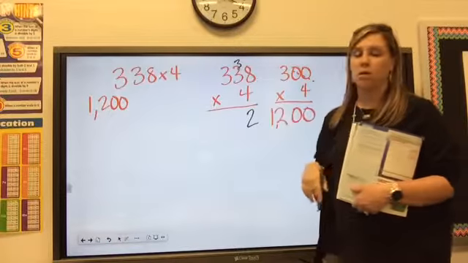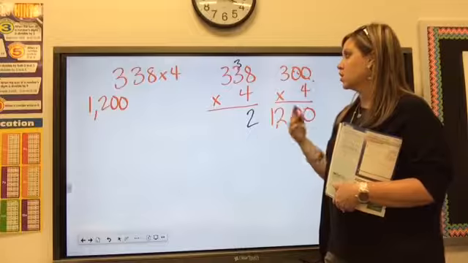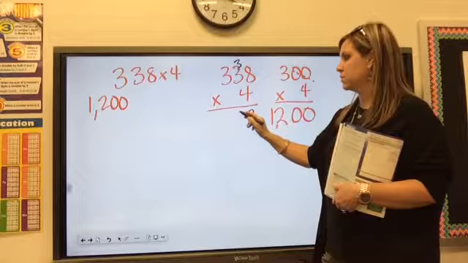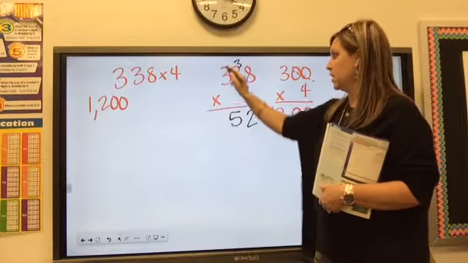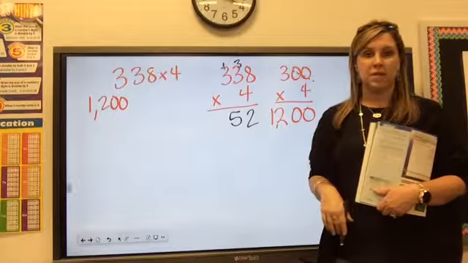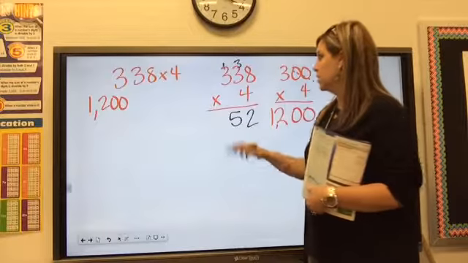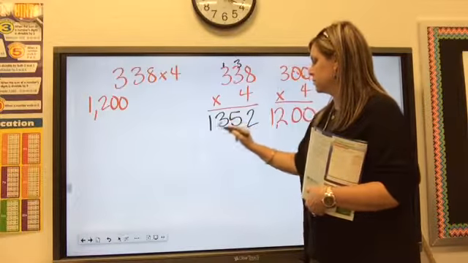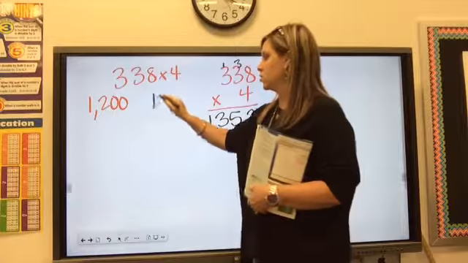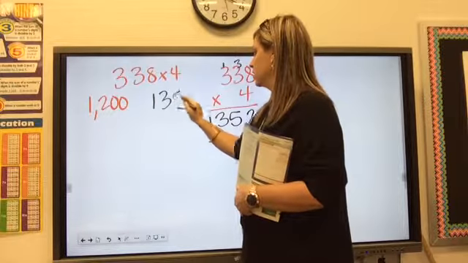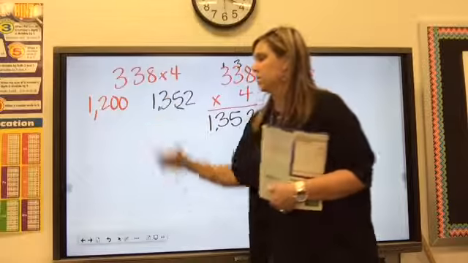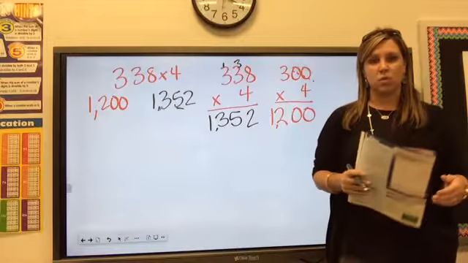Carry my 3. 4 times 3 is 12. Plus 3 is 15. Carry my 1. 3 times 4 is 12. Plus 1 more is 13. So my actual answer is 1,352, where my estimate is 1,200.